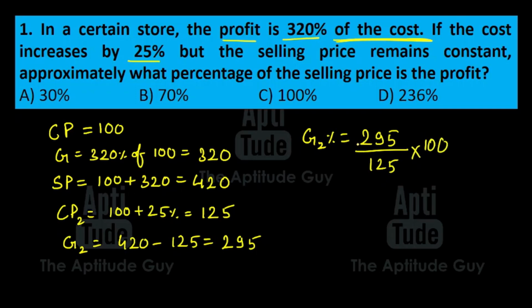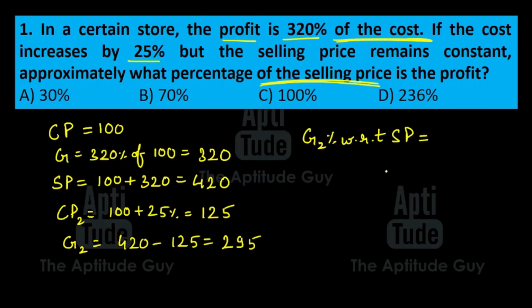But unfortunately, this is the wrong answer because they have not asked us to find the profit percentage. They have asked us to find approximately what percentage of the selling price is profit. Of the selling price. So we need to find profit percentage with respect to selling price.